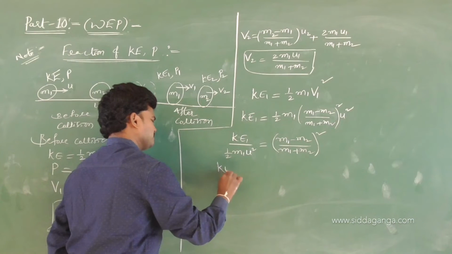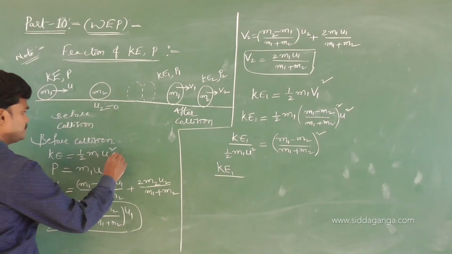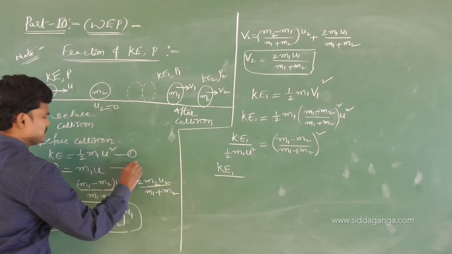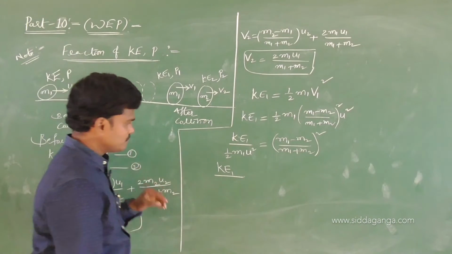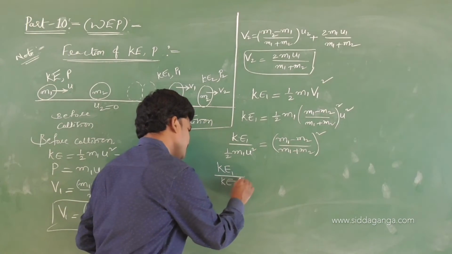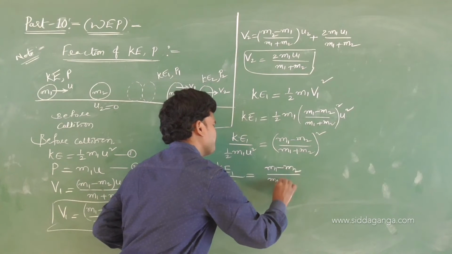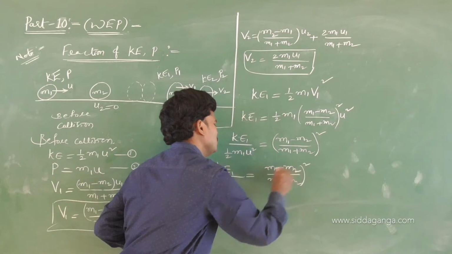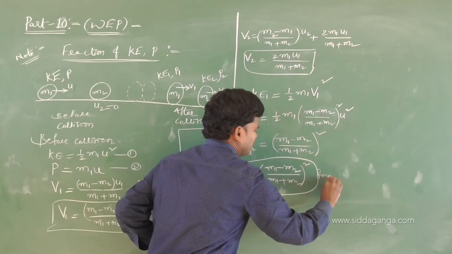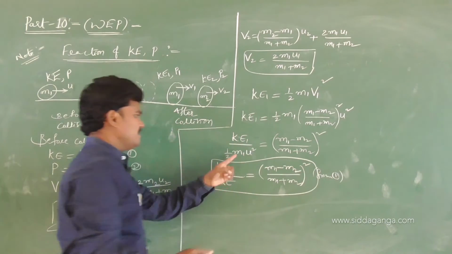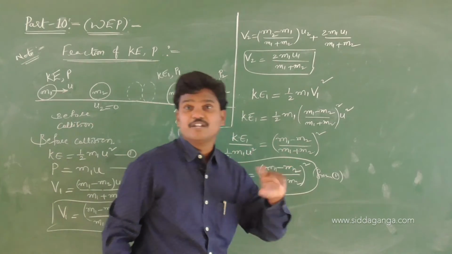So KE1 by half m1 u square. Half m1 u square is nothing but KE, which is equivalent to m1 minus m2 by m1 plus m2 whole square. And see, I am getting a kinetic energy ratio.